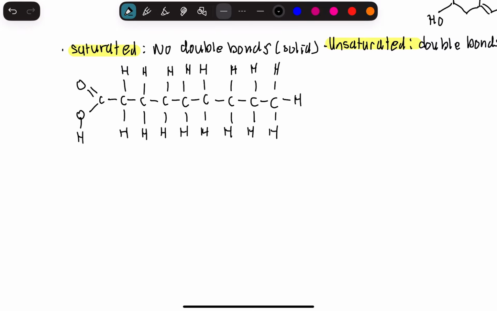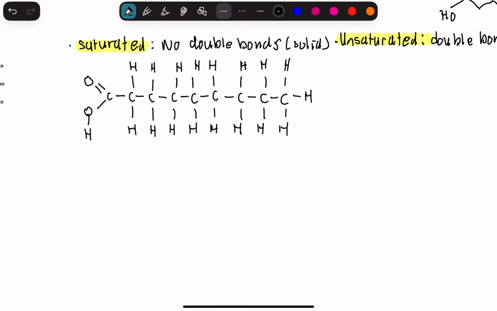As you can see, there are no double bonds. You only see single bonds.